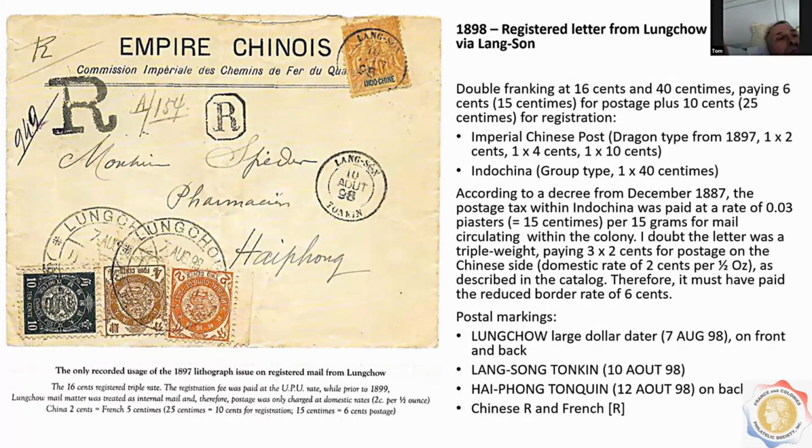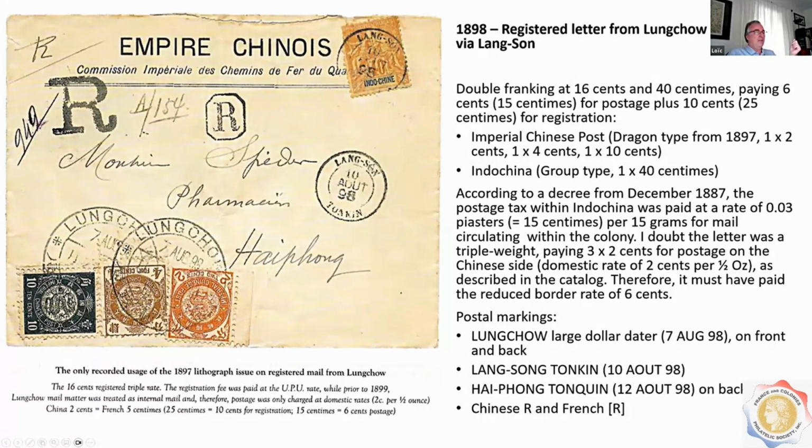And that is probably the earliest cover I have seen that is franked 16 cents. It uses those stamps from the Imperial Chinese Post, the coiling dragon type from 1897.